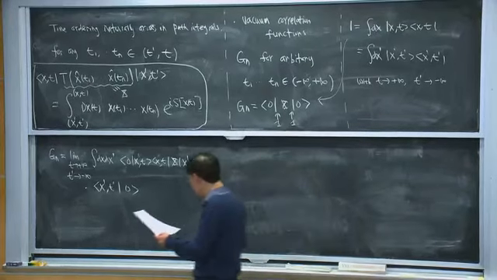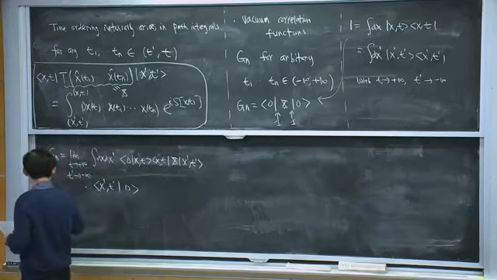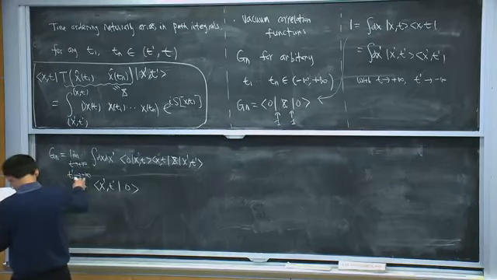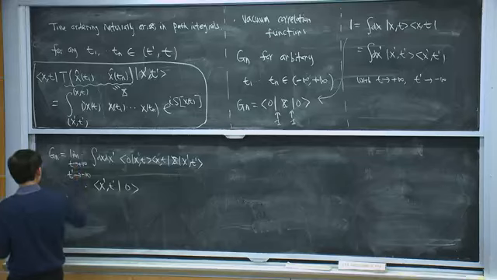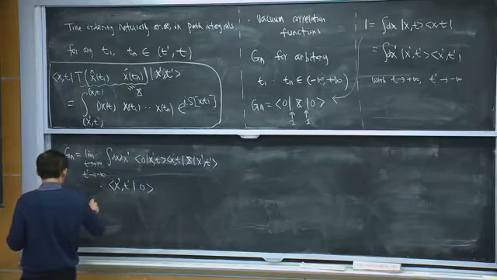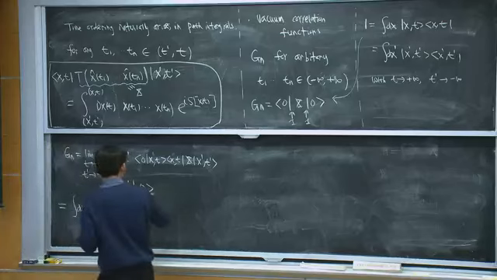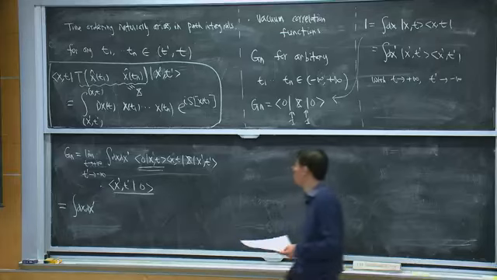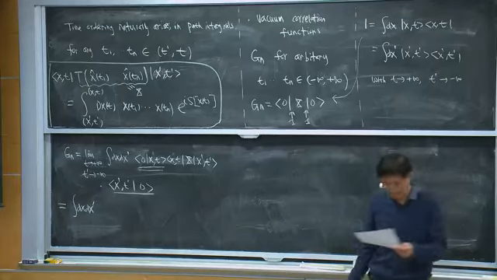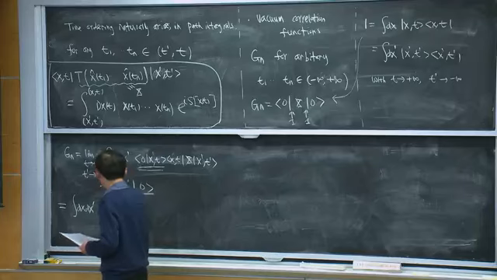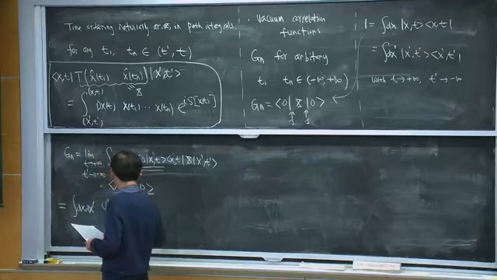So now, let me just save some space. These two are simple. Essentially they just become the vacuum wave function: psi 0 star of x and psi 0 of x prime.